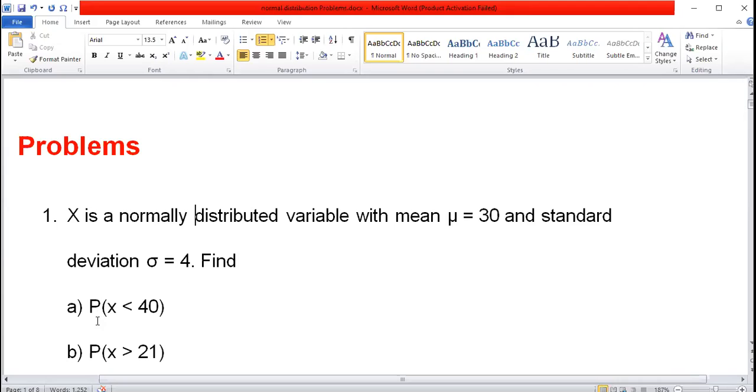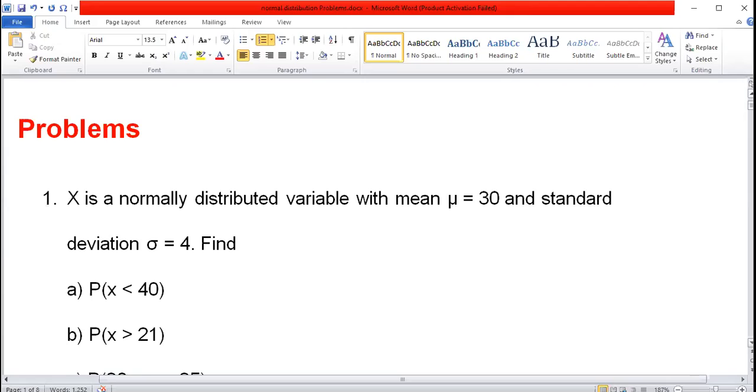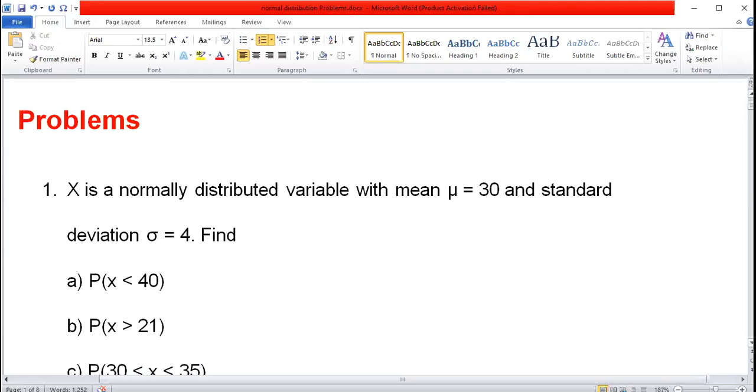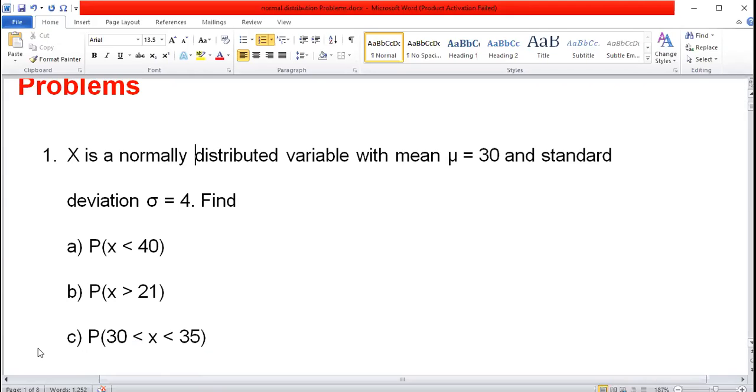What is the probability that the variable x is less than 40? Another one, what is the probability that x is greater than 21? And the last one, what is the probability that x lies between 30 and 35?